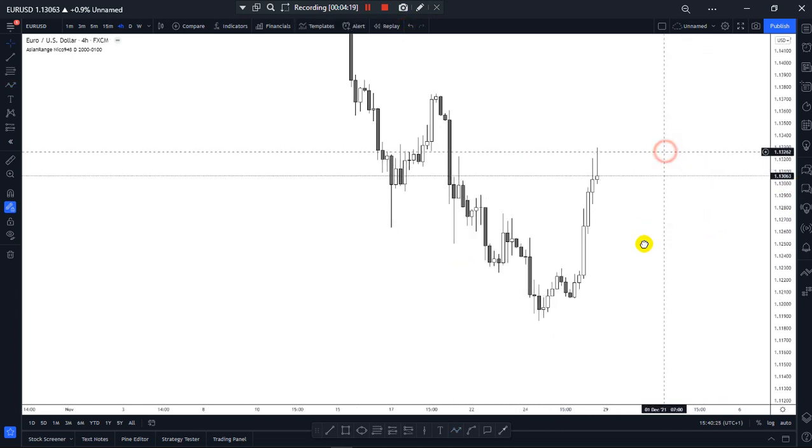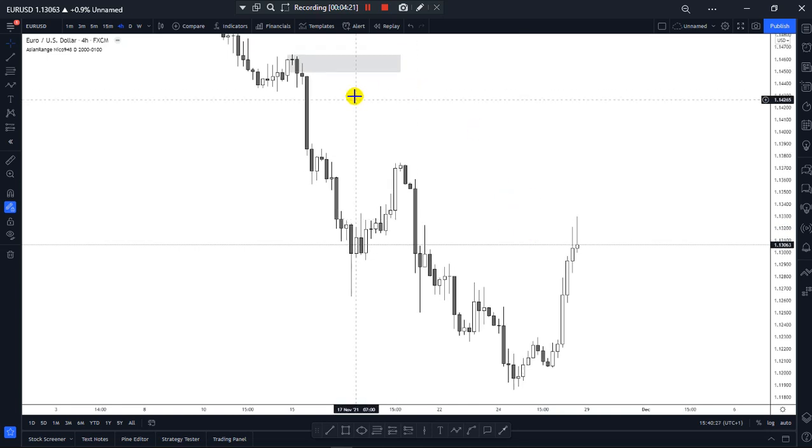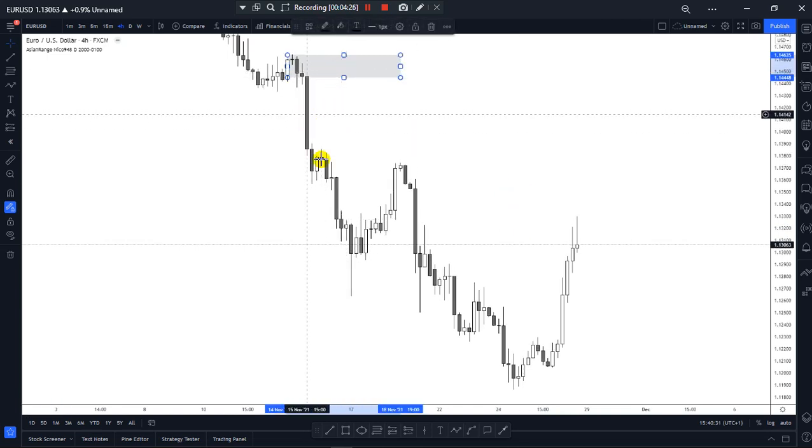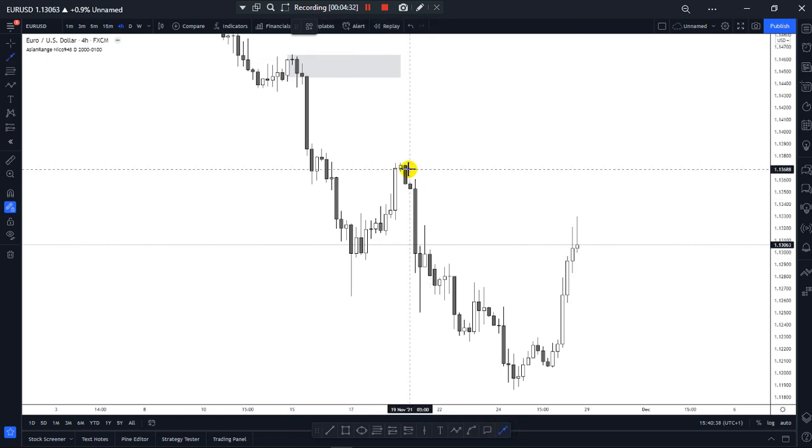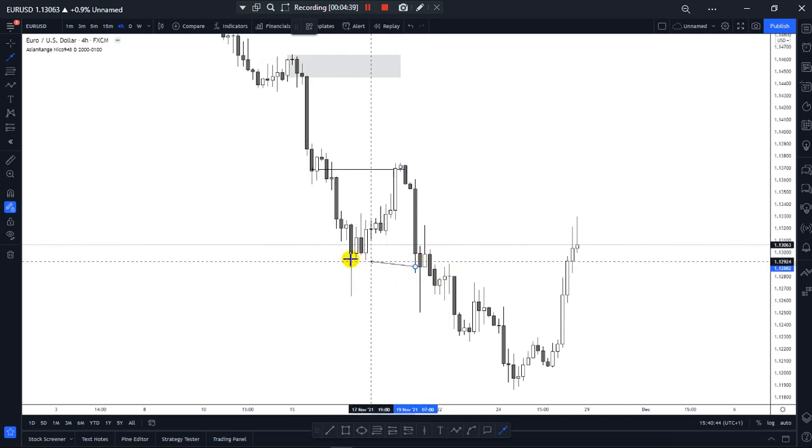So as far as there are some imbalances that price has to fill around this area, and price also mitigated this area. Price mitigated this. Price broke this structure.